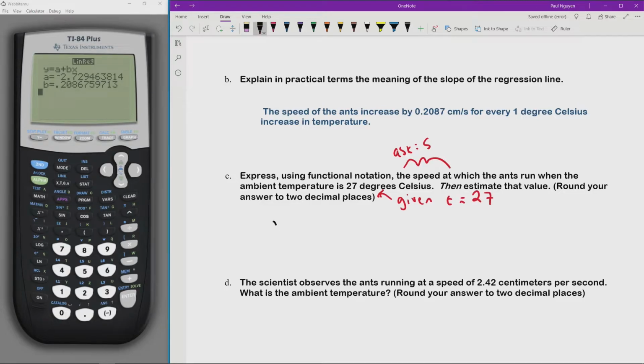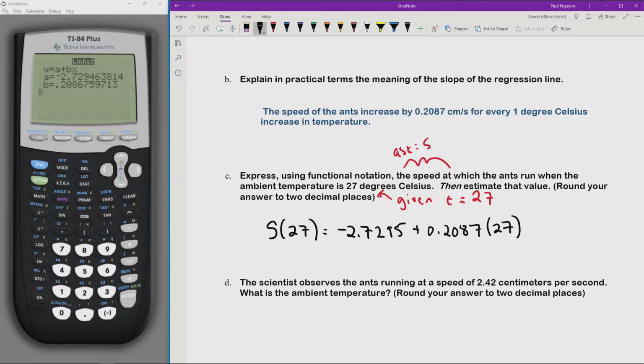Our regression model gave us a formula for this. We know that when T is 27, S is negative 2.7295 plus 0.2087 times our variable, which in this case is 27.